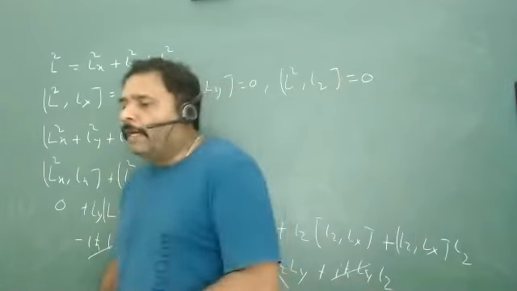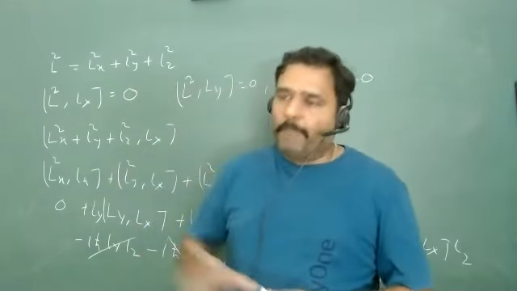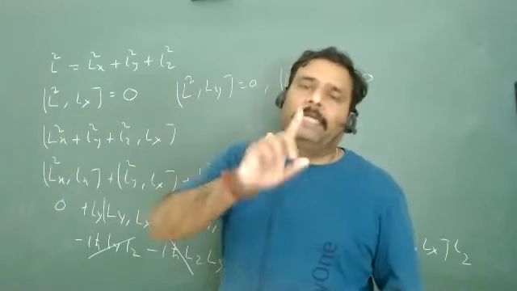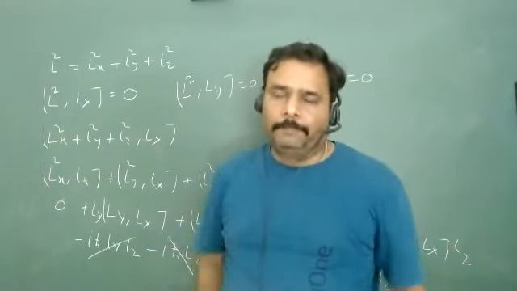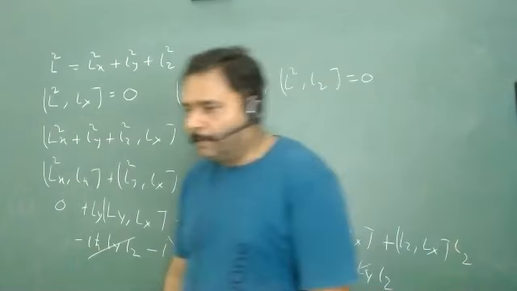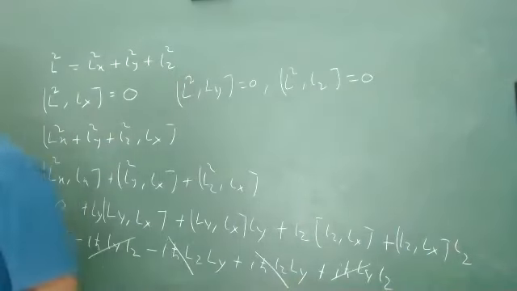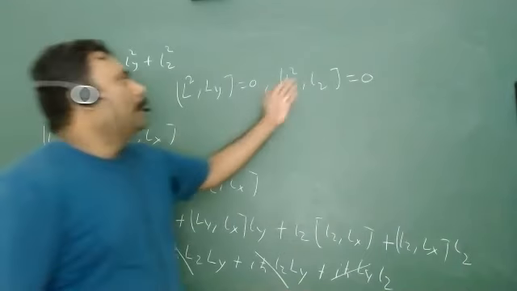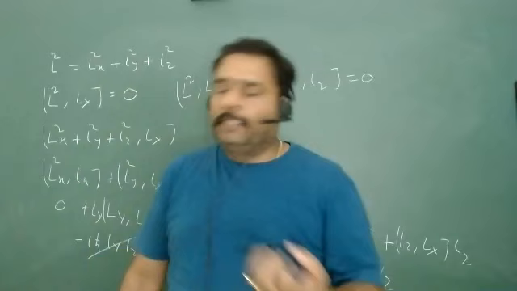So what we need is the magnitude and one direction. If you have the magnitude and one direction, you can tell about the vector. It's very simple. So I can take either L square Lx, or L square Ly, or L square Lz.